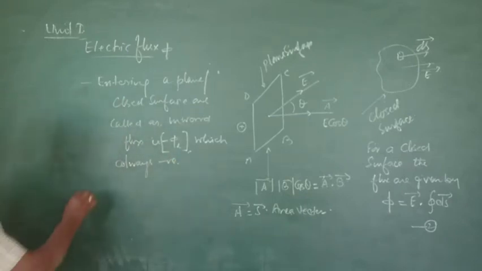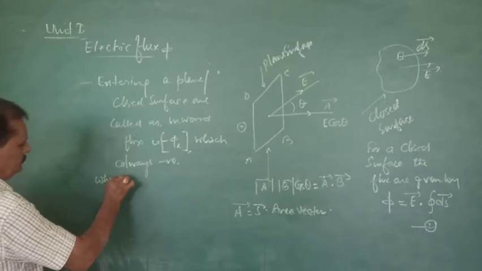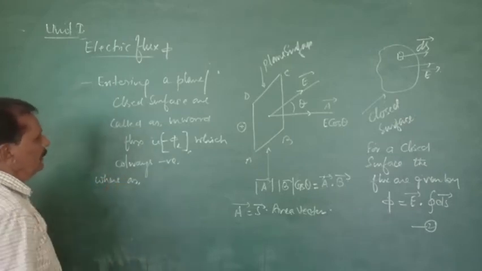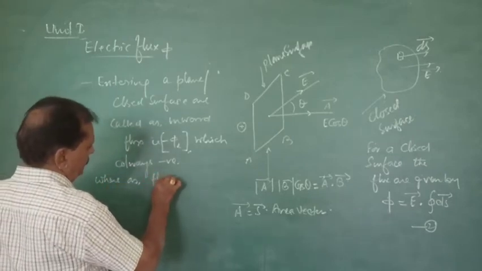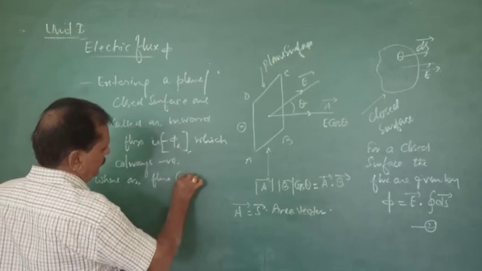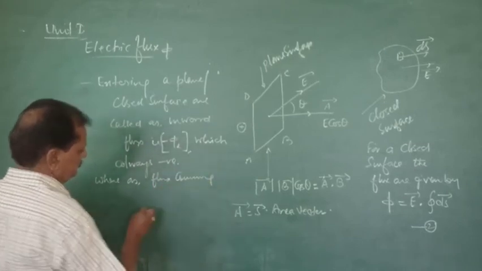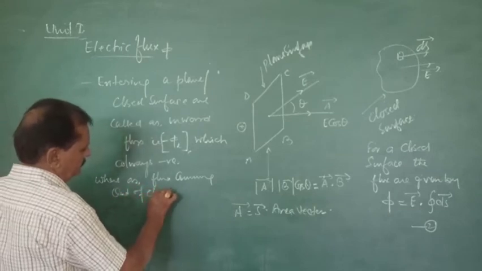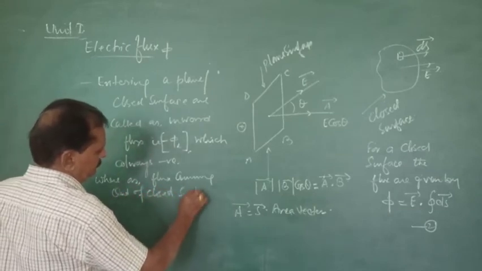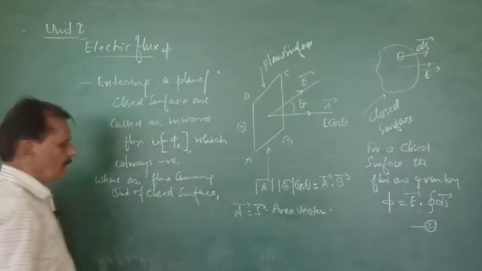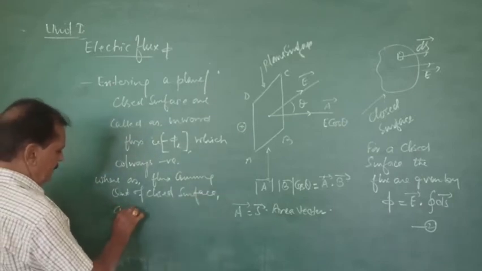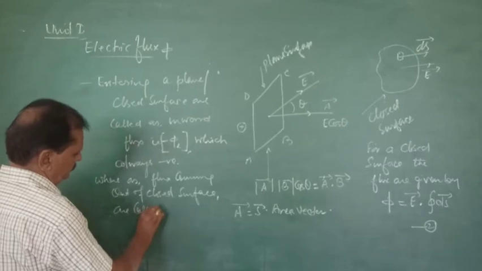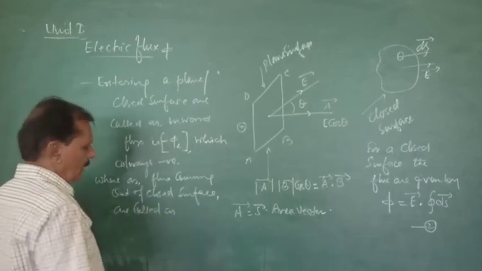Whereas flux coming out of a closed surface is called outward flux.